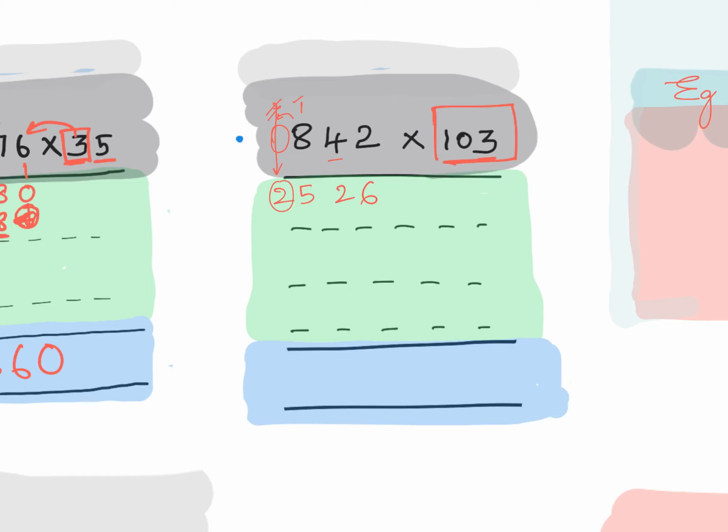0 times 2. You already know that any number multiplied by 0 is 0. So 0 2s are 0, then 0 4s are 0, 0 8s are 0. You might have noticed I have left a place over here, right? I have not written over here. I left the place.